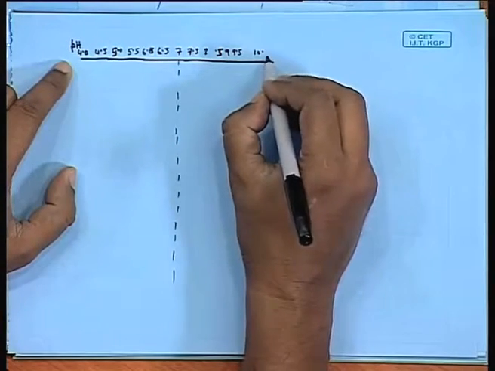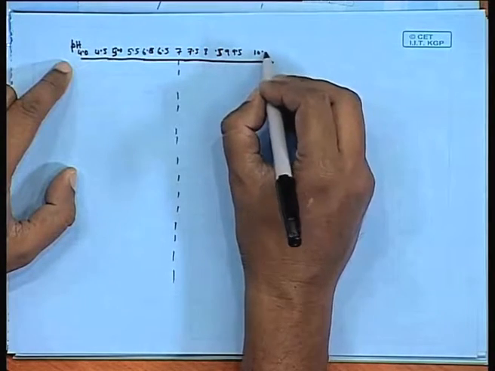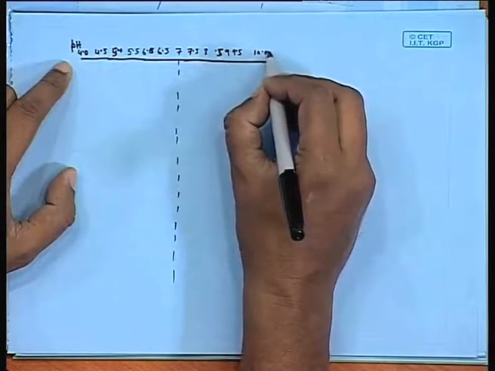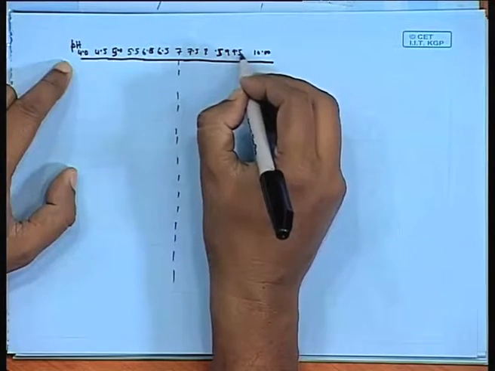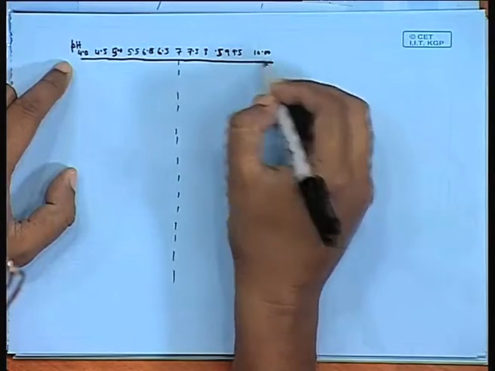Now we just go about till 10 here. Okay, 10, 7.5, 8, 8.5, 9, 9.5 and 10.